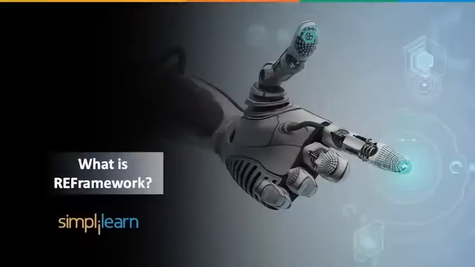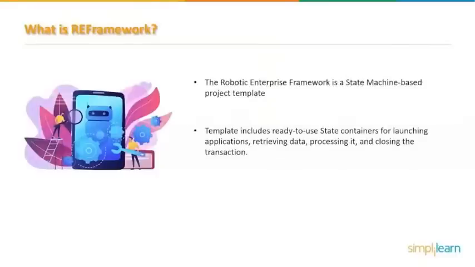What is RE framework? The Robotic Enterprise Framework is a state machine-based project template. The template includes several ready-to-use state containers for launching applications, retrieving data, processing it, and closing the transaction. These states are linked together by a series of transitions that cover almost every requirement in a typical automation scenario.